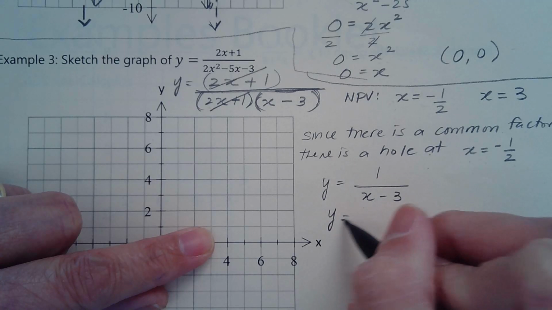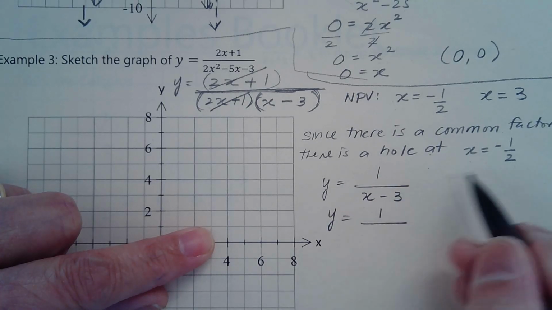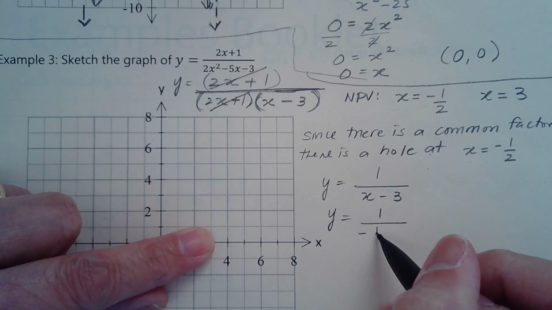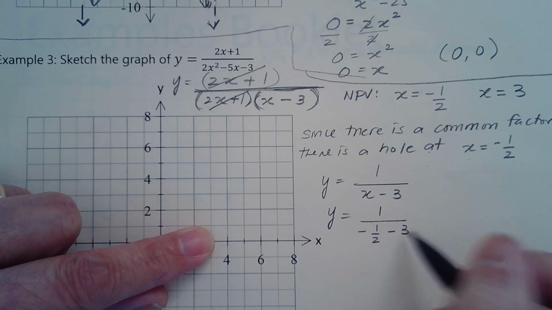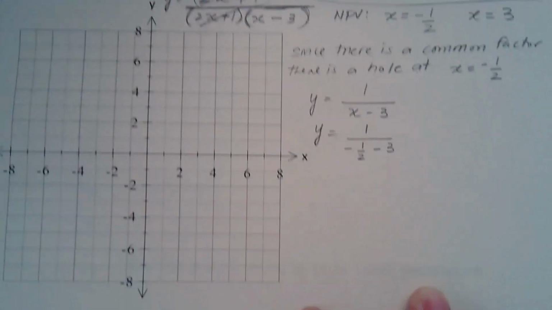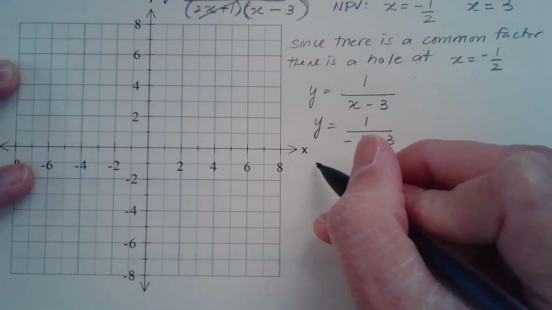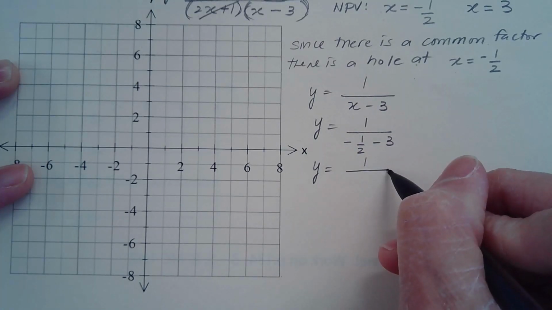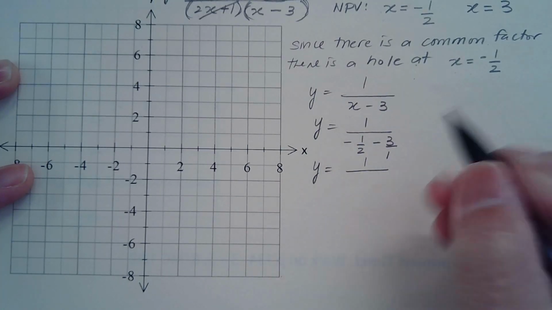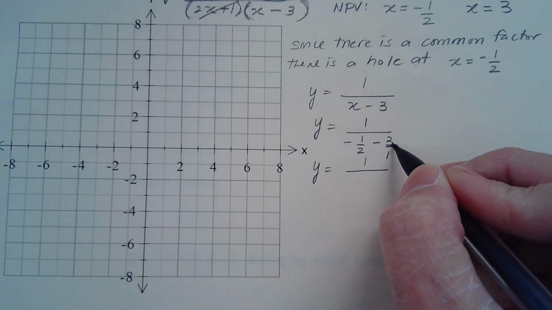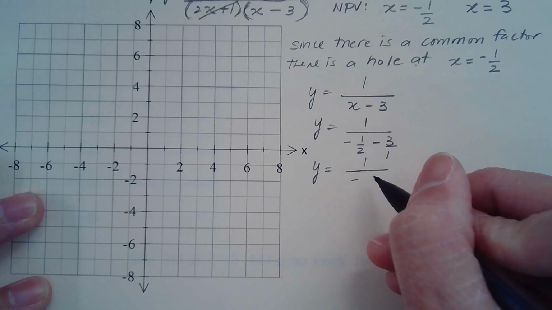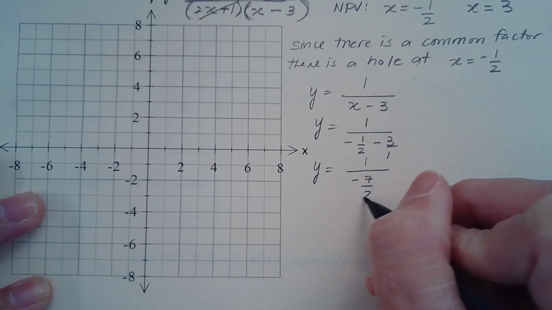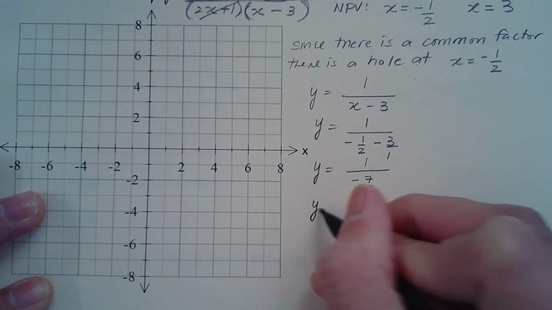So y equals 1 over -1/2 minus 3. So that becomes y equals 1 over -3 halves. So that's -7 halves.